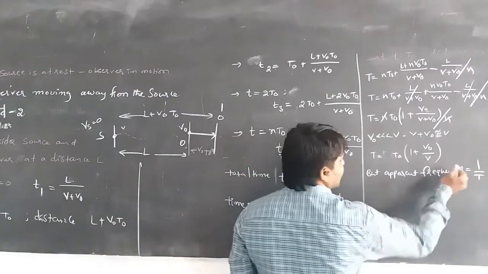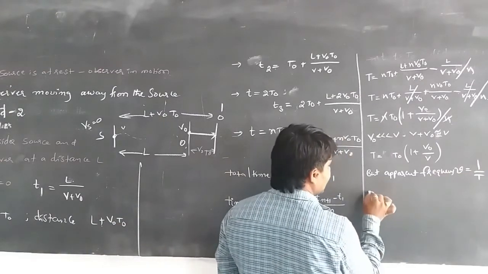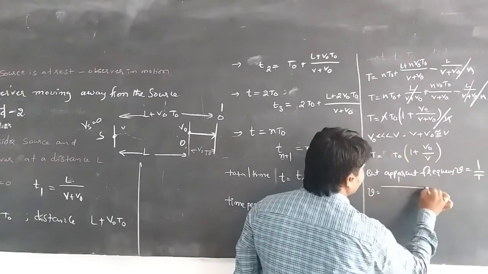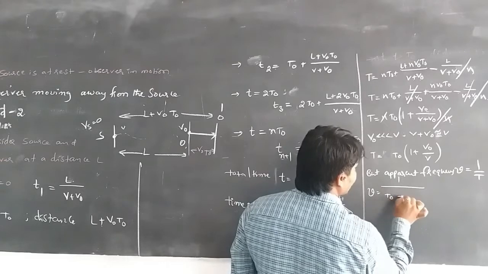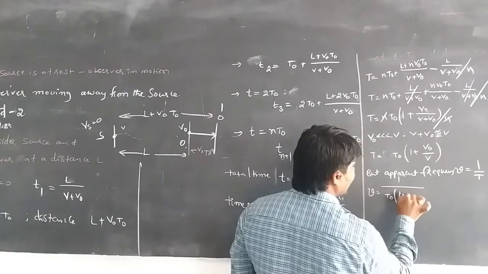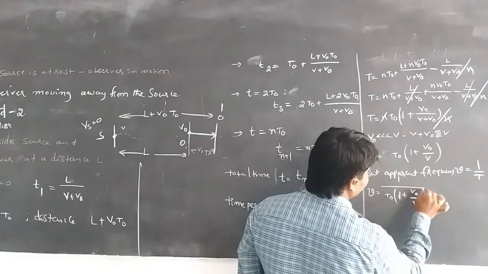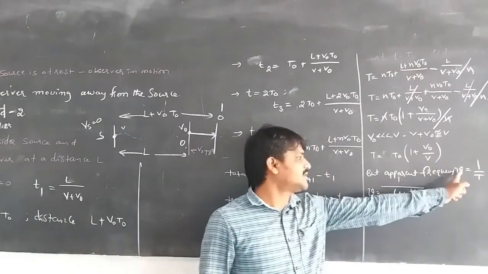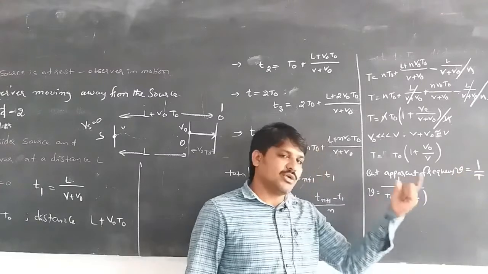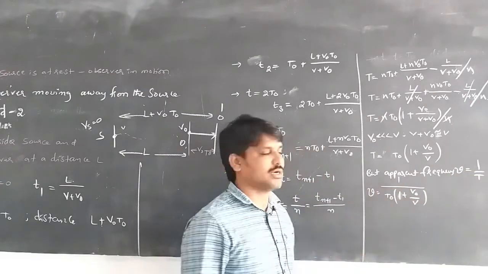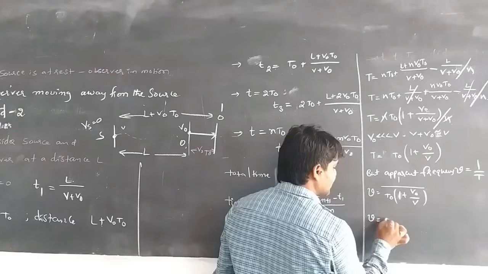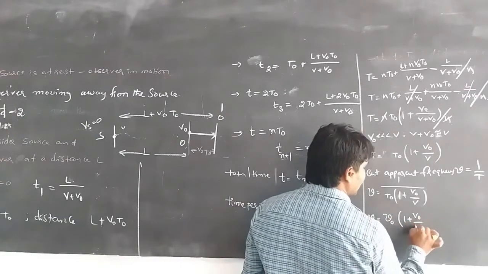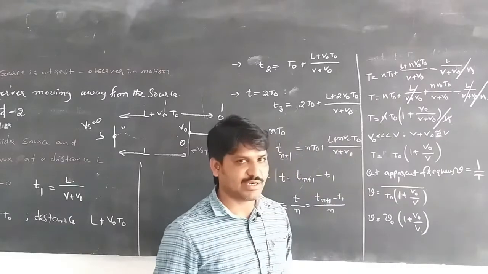So nu is equal to 1 by T naught of 1 plus V naught by V. We know that 1 by T naught is the same as nu naught, just as nu is equal to 1 by T. So we can write nu is equal to nu naught of 1 plus V naught by V, whole power minus 1.